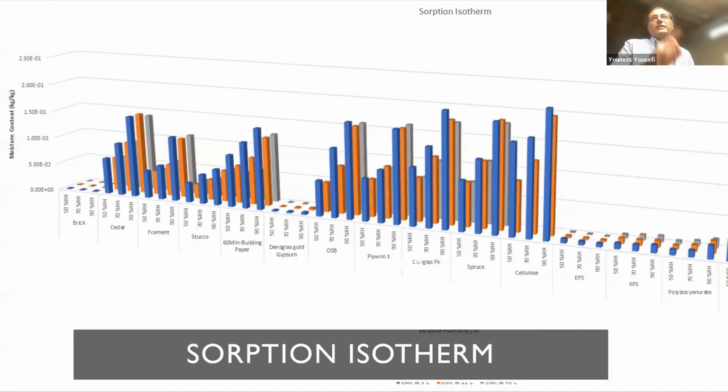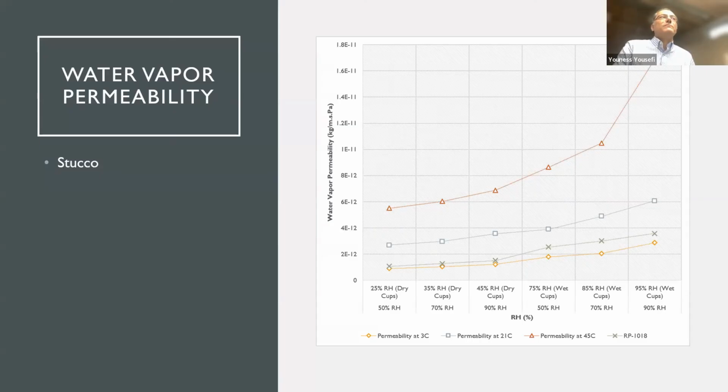This is the comparison between all materials. Cellulose had the highest moisture content through all three temperatures, followed by wood material and also cladding material like cement based.